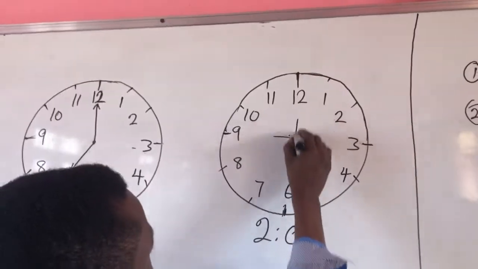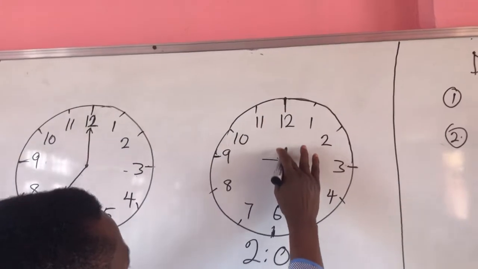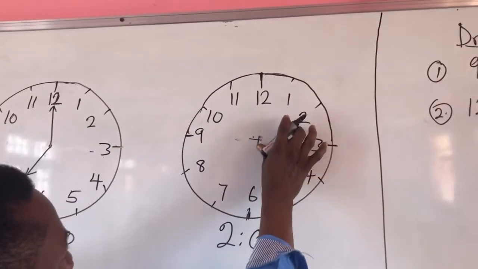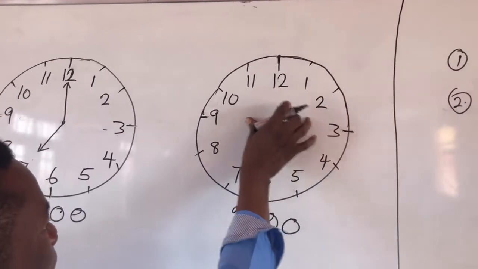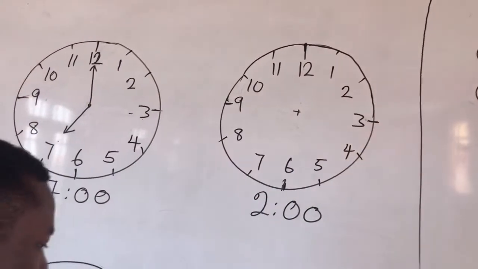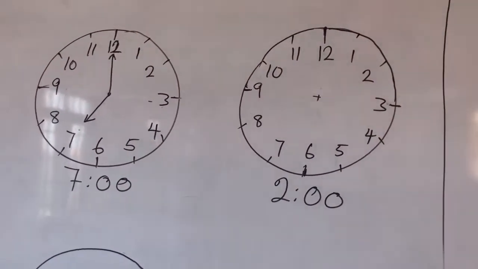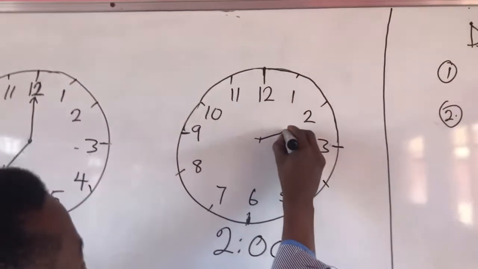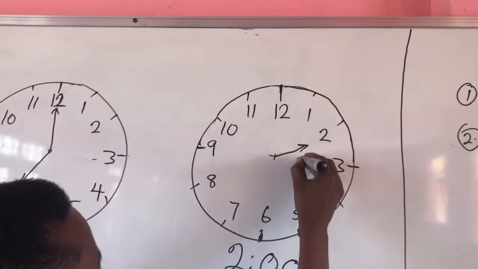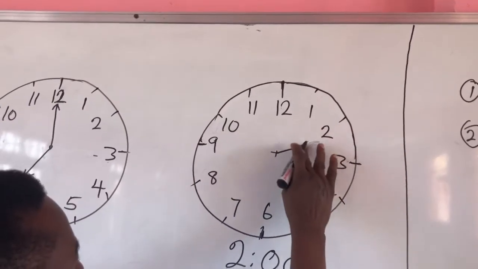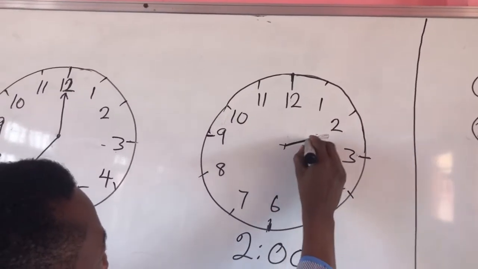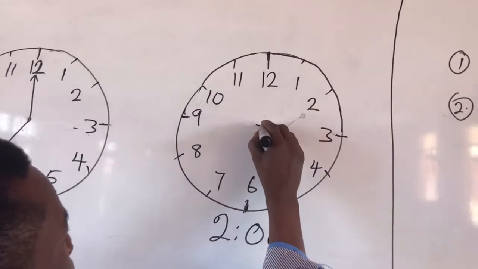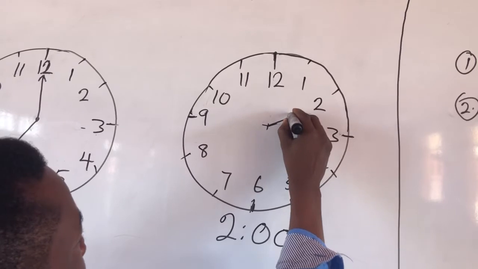Now, I told you the middle must come. Look at it carefully. That is my middle. All right. What are we supposed to draw? 2 o'clock. The shorter hand must be like this, and then the longer hand must be on 12. The hour hand should be on 2, so that everybody can see.